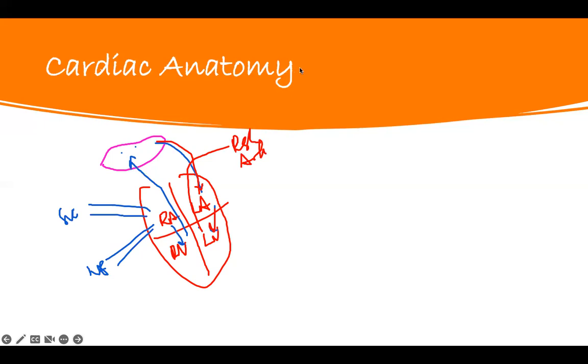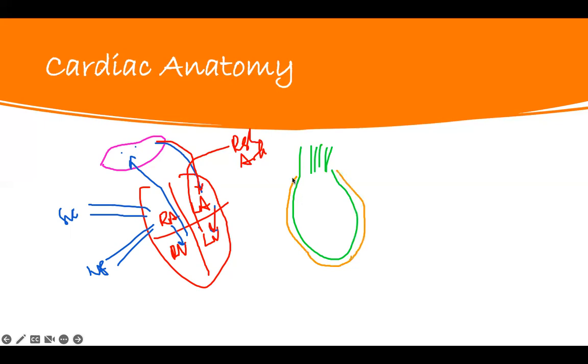What we'll be talking about is what usually happens. This is the structure of the heart, and the 3 vessels that go to the rest of the body. There's a layer surrounding the heart, okay, it's called the pericardium.